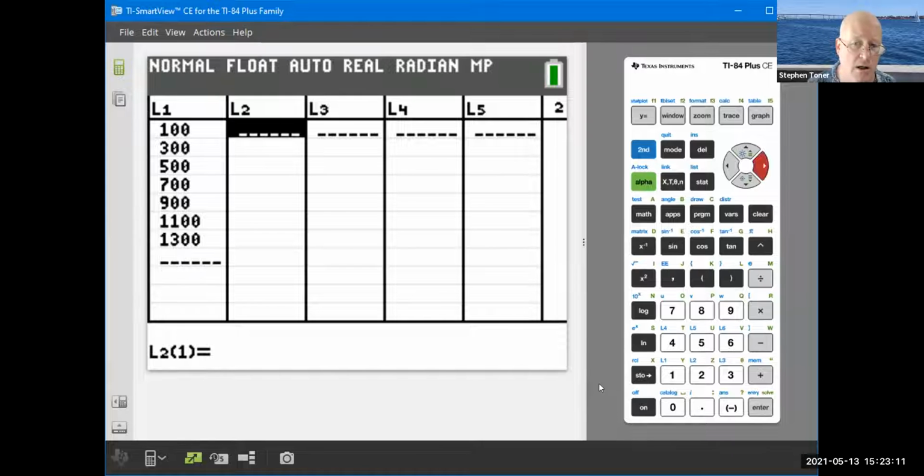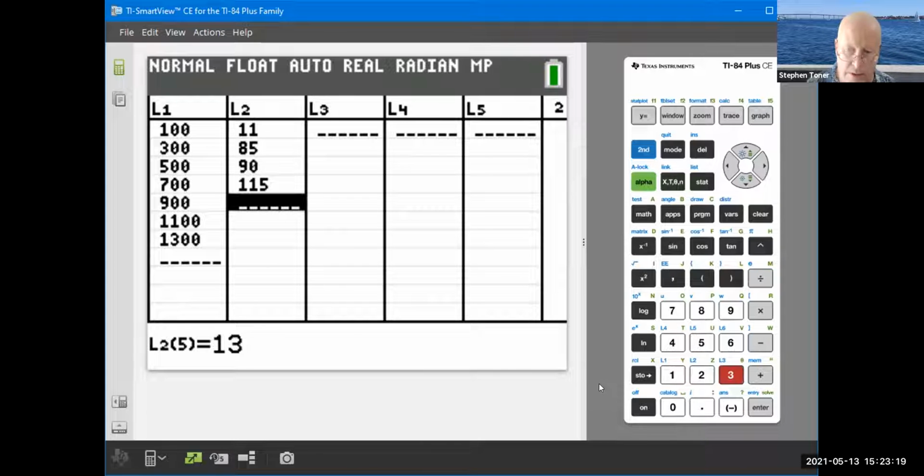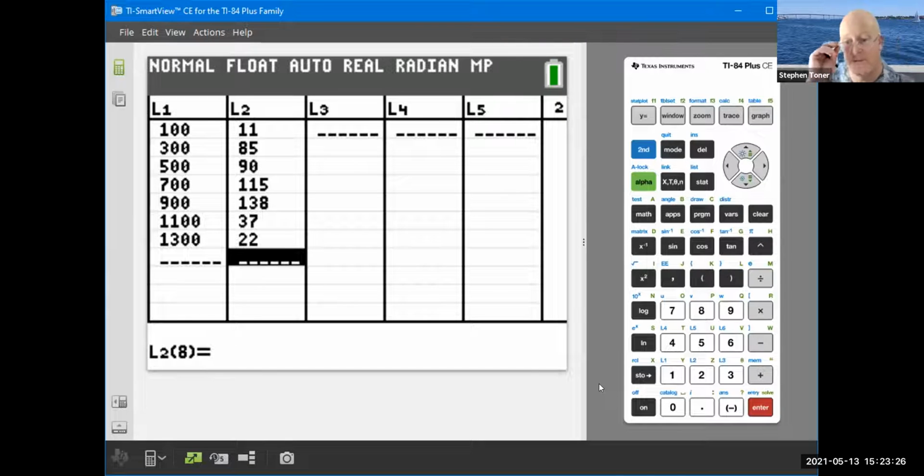Then my next column is going to be 11, 85, 90, 115, 138, 37, and 22. So this time the frequencies are going in my second list.